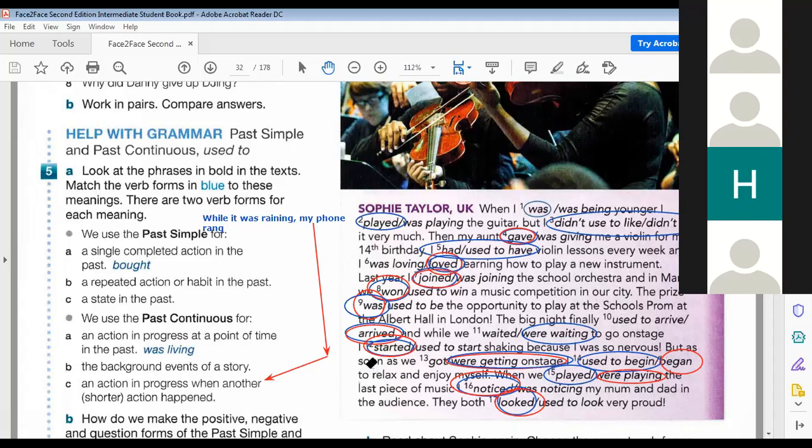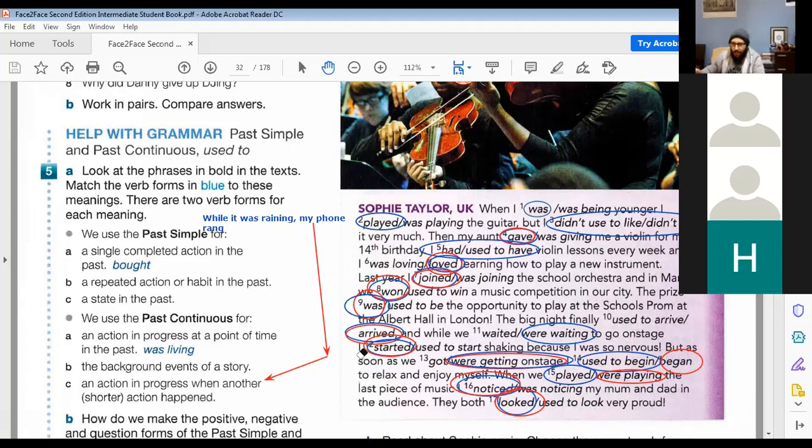Okay, so let's get back to our point. As soon as. In Libyan Arabic we say: as soon as he left, as soon as he came, as soon as he walked, as soon as they arrived. Do you get the idea? As soon as. So here we cannot use a long action.